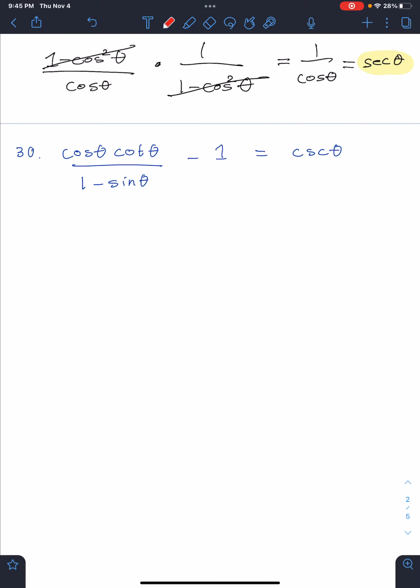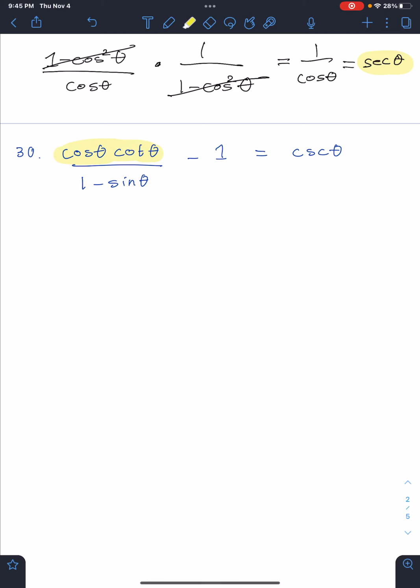So this next one is interesting. I see that I have cosine times cotangent on the top. So if I wanted to, I could just go ahead and multiply these. So let's go ahead and do it. Once again, that's what it looks like. So I'm just going to do it. So that's cosine of theta times cosine of theta over sine of theta.